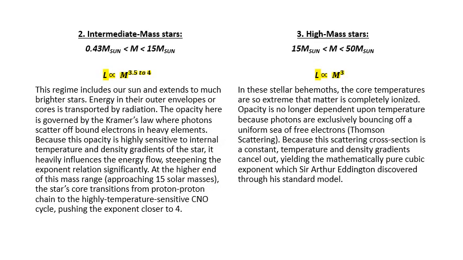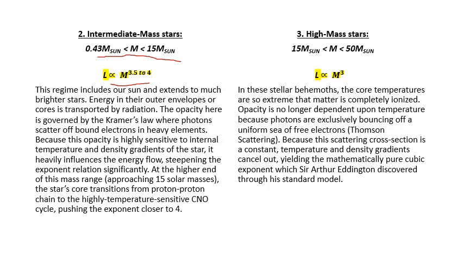For intermediate mass stars, that is, their mass being less than 15 solar masses and greater than 0.43 solar masses, the mass luminosity relation is raised to the power 3.5 going up to 4. So this intermediate mass star regime includes our sun, and it also extends to much brighter stars.